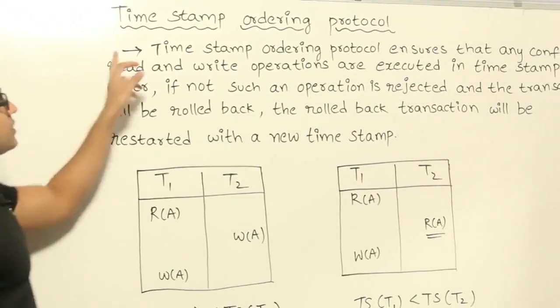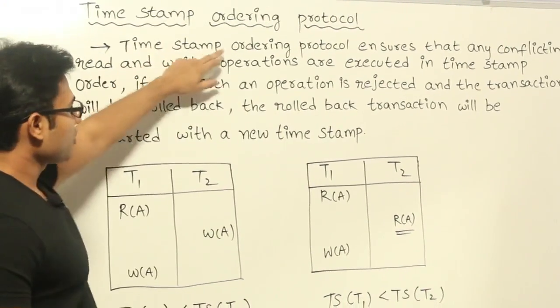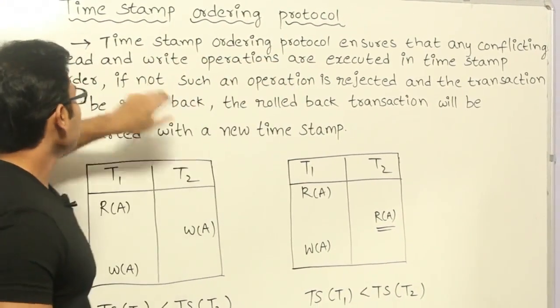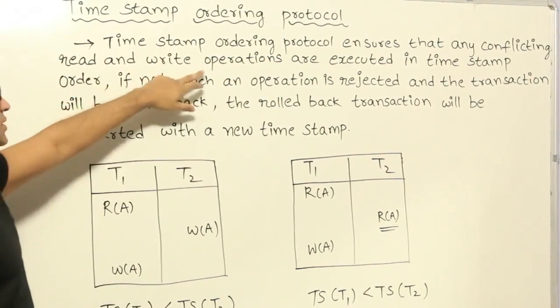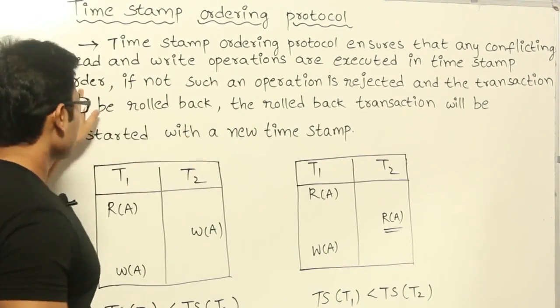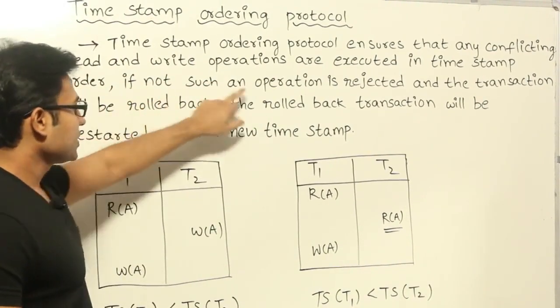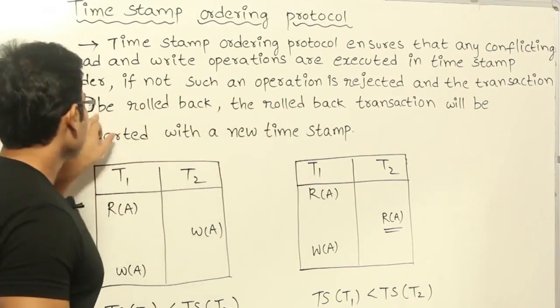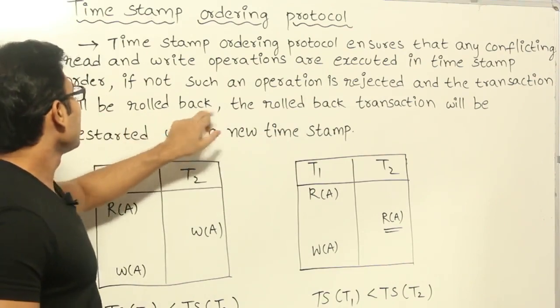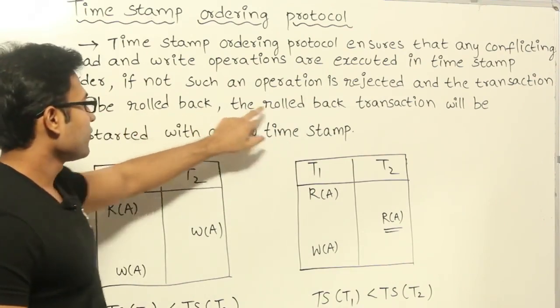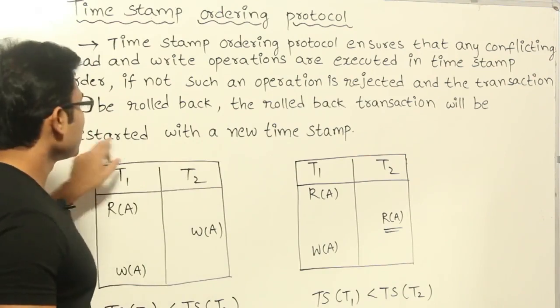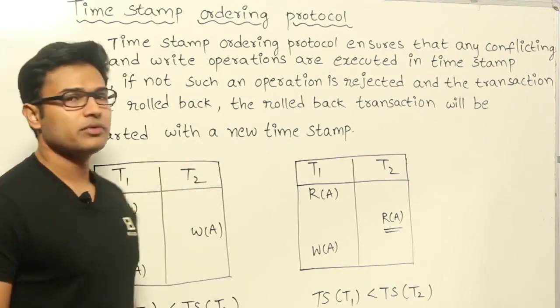Timestamp ordering protocol ensures that any conflicting read and write operations are executed in the timestamp order. If not, such an operation is rejected and the transaction will be rolled back. The rolled back transaction will be restarted with a new timestamp.